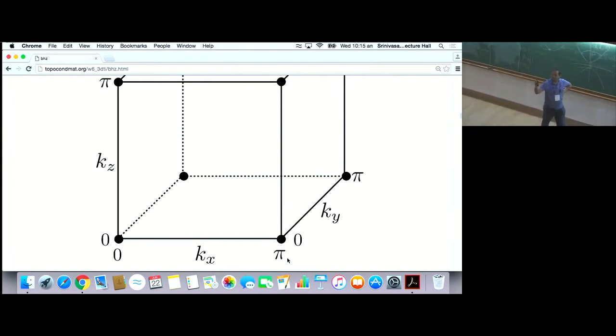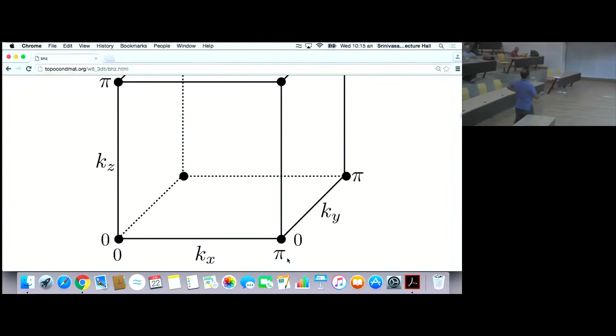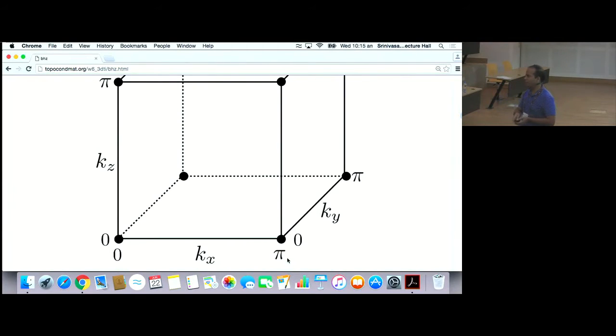As was mentioned, parity is a good quantum number at each of these time reversal invariant points. Just as before, this statement did not depend on dimension. So if I think about these 4 time reversal invariant points and calculate the total topological invariant, this can be topologically non-trivial. Does that make sense?